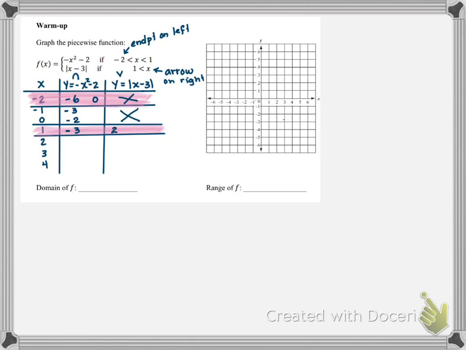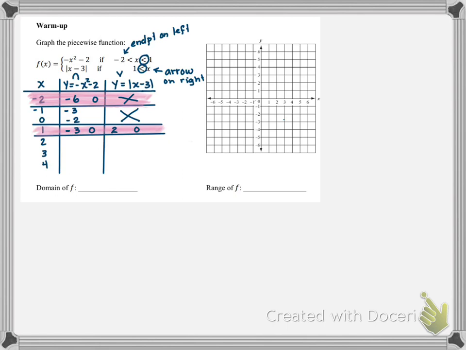That first point on the left, 1, -3, is that going to be open or closed? It'll be open because the inequality on that first line between the x and the 1 is a strict inequality. And what about the second one? It's also open because this is also a strict inequality. And that's okay to have two open points there.